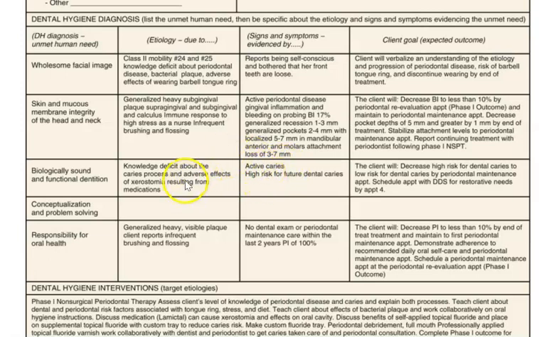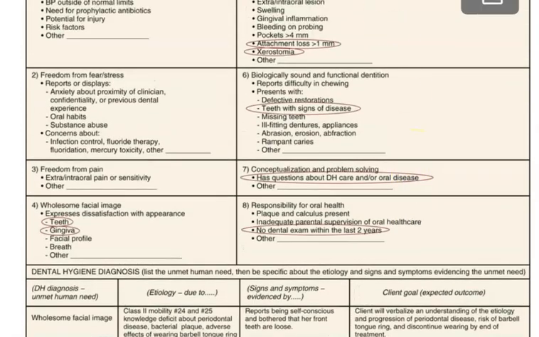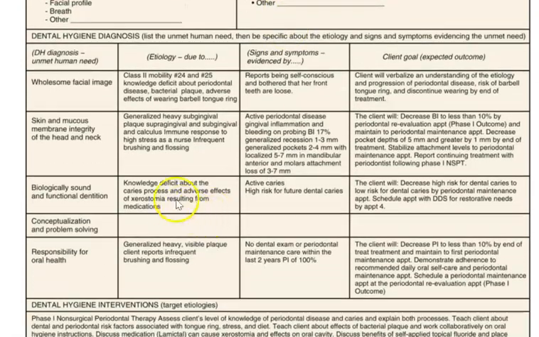So what caused the cavities? Etiologies, what caused it? Well, what caused this was a knowledge deficit. So the client did not know about the caries process and how it happens, and all the adverse effects of the caries process. And also, more importantly, remember how we said this client has xerostomia? Well, dry mouth causes cavities.